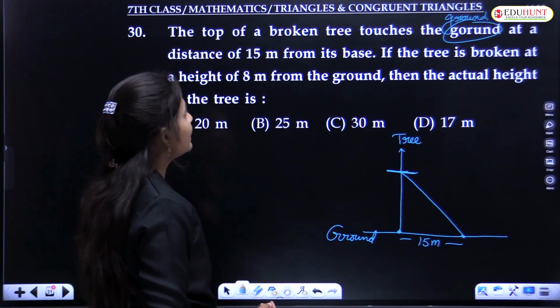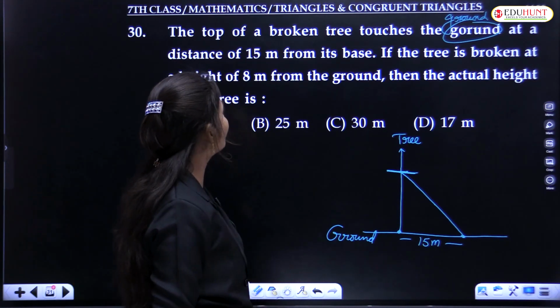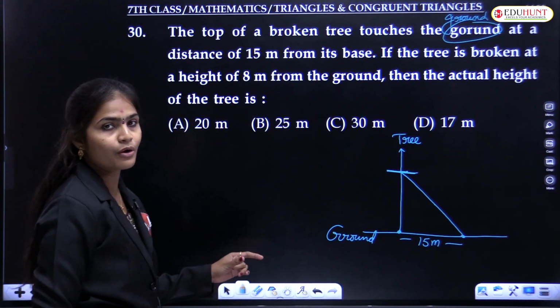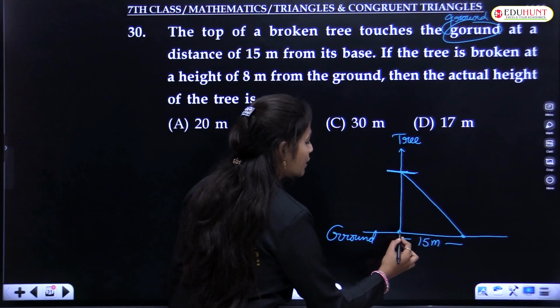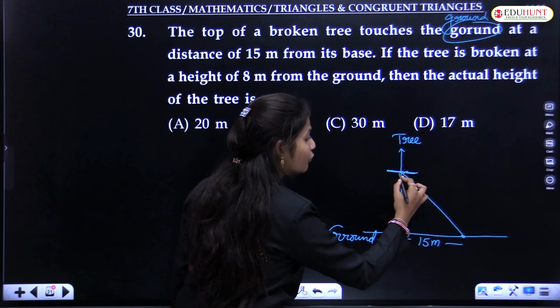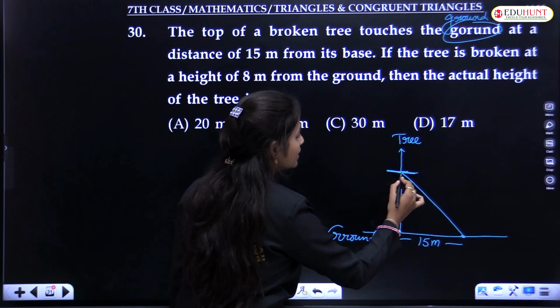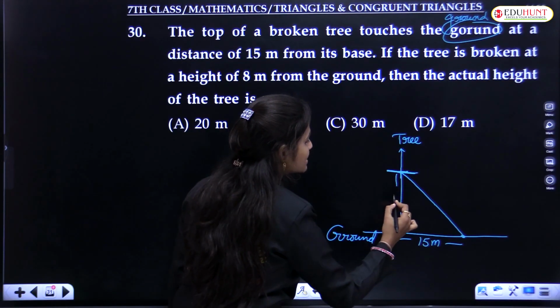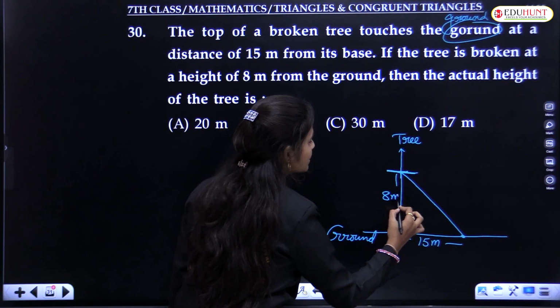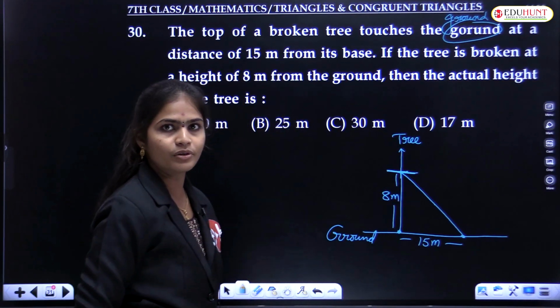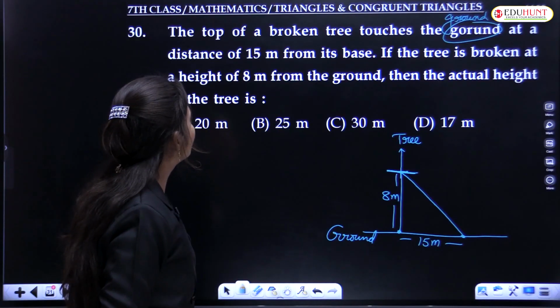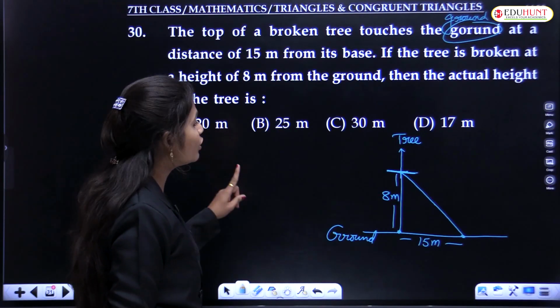Okay, the tree is broken at a height of 8 meters from the ground, which means from the bottom up to where it was broken. So this complete part, this height is equal to 8 meters from the ground. Now we need the actual height of the tree.